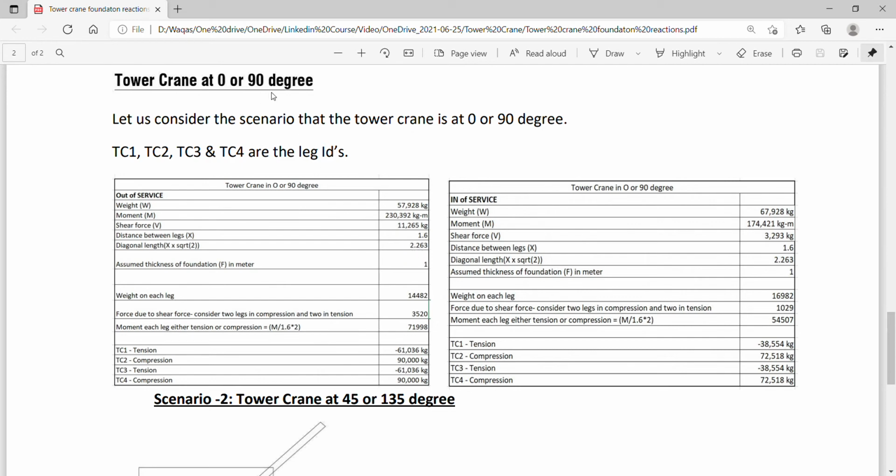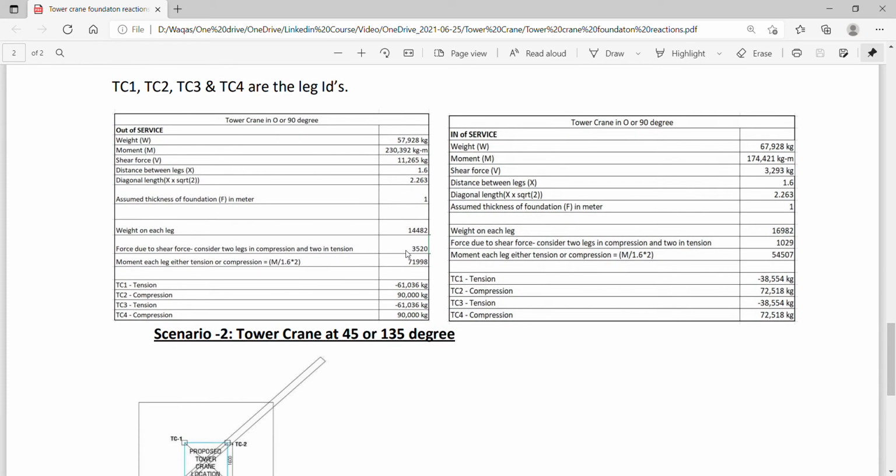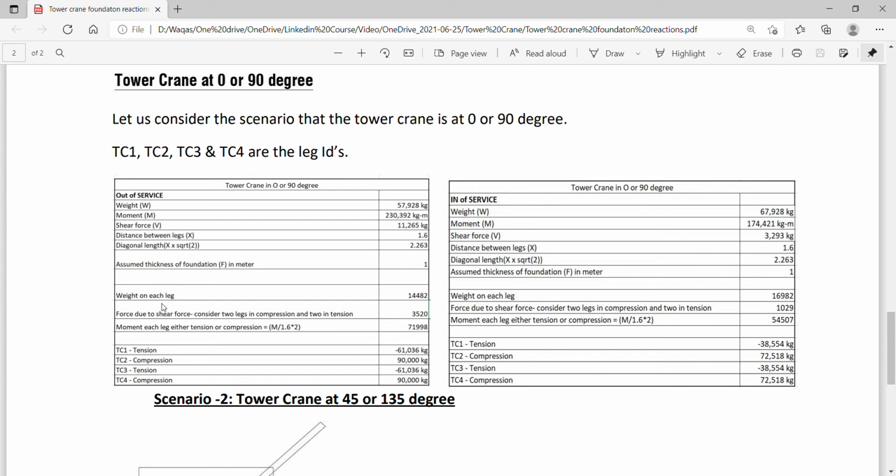But in our 0 to 90 degree case, it will not be there, but I just keep it. I assume that the thickness of the foundation at this time is 1 meter. This is an assumption. So what happens here is that the gravity load will always be divided into four legs.